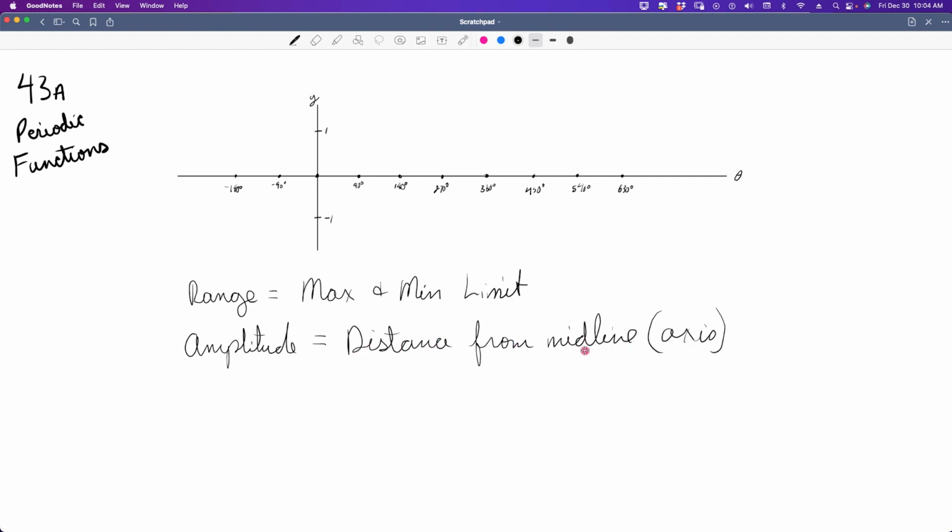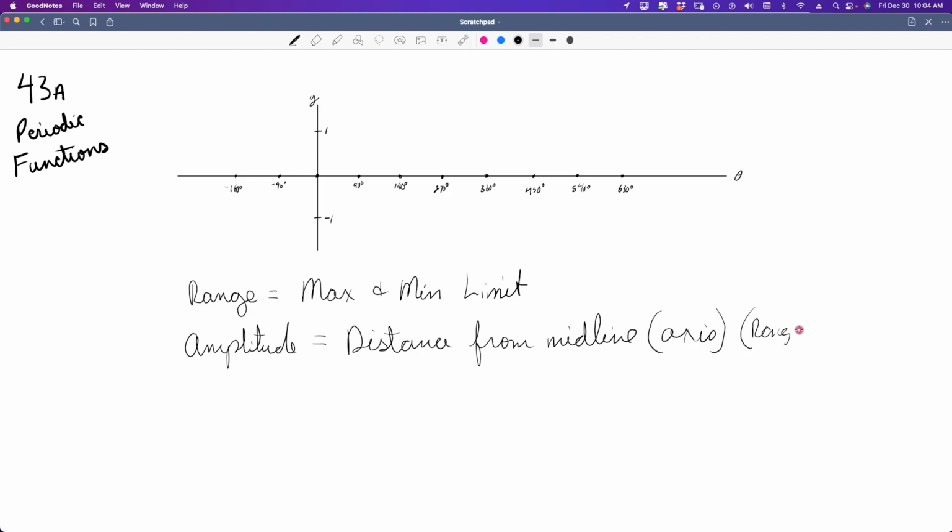That's why it's called the midline. So you find the midpoint, and that is where your axis is. The range is going to be from the highest to the lowest, and the amplitude is like you take the range and divide it by 2, and that's your amplitude. So that would be range divided by 2.